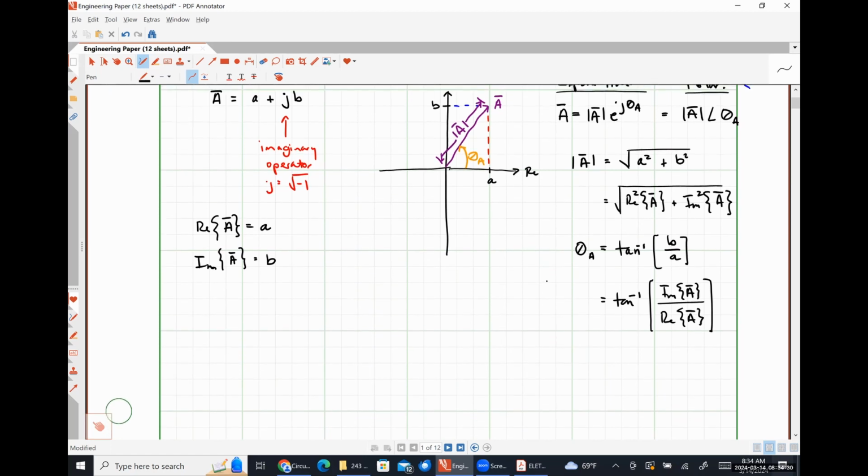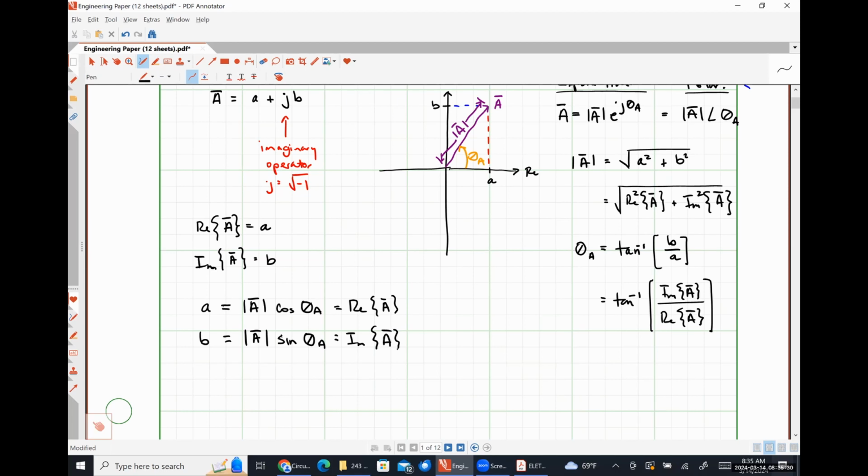So the real part of complex number A, expressed in terms of its polar form pieces, is going to be the magnitude of complex number A times the cosine of the angle theta A. And the imaginary part b will be the magnitude of complex number A, goodness gracious, times sine of theta A.